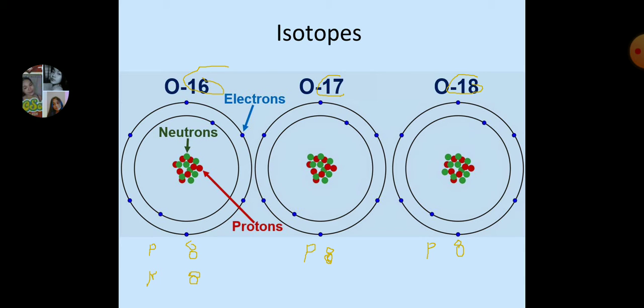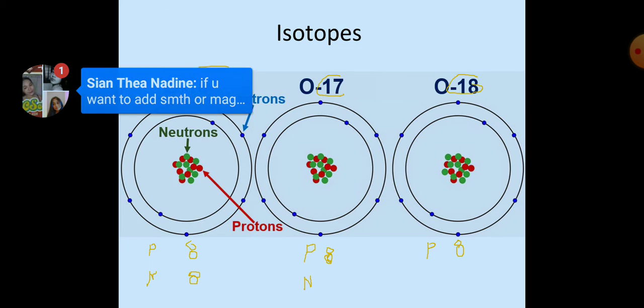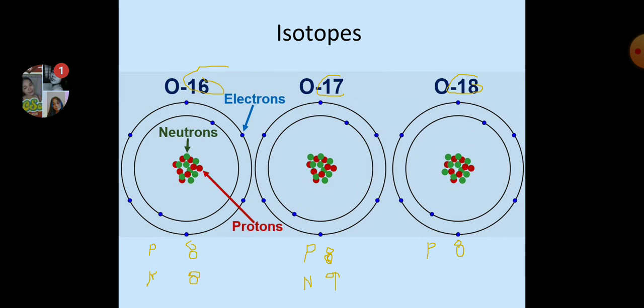So, to get the number of neutrons, we will just subtract the number of protons from the atomic mass. So, for oxygen 17, the number of neutrons is equal to 17 minus 8, that's 9. And for the oxygen 18, the number of neutrons is 10.